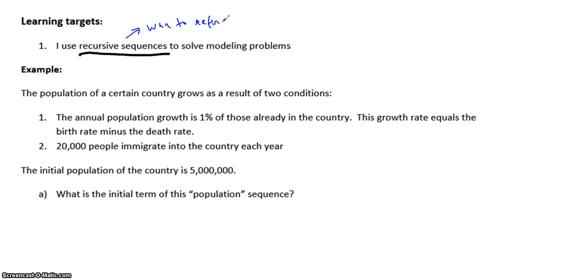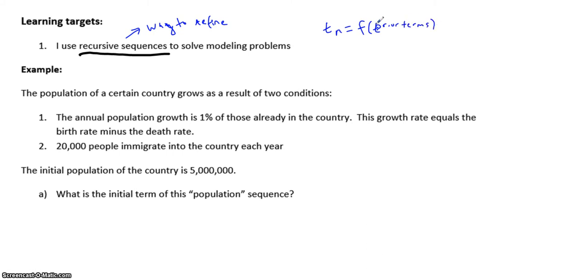Like a type, arithmetic and geometric were types of sequences. You know, the numbers fit a specific pattern. Here, recursive just means that we're able to write any term as some function of, well, actually, I'll just say prior terms, because it could be more than one, like we saw with the Fibonacci, the way the Fibonacci sequence was defined.